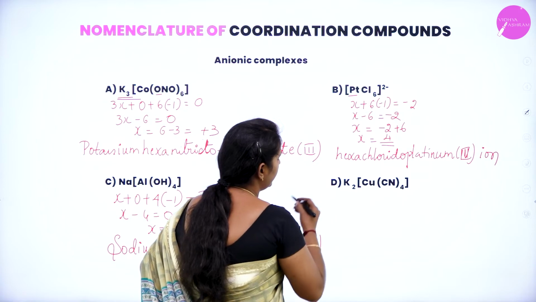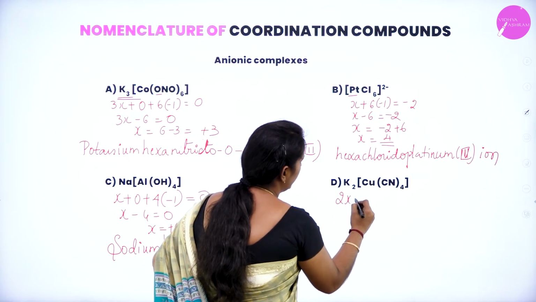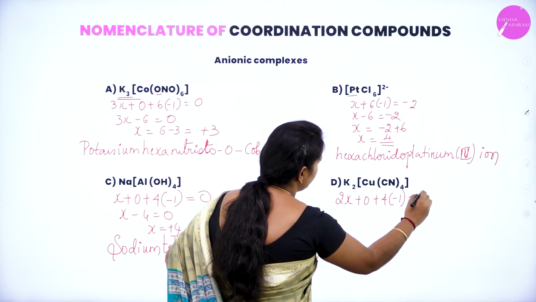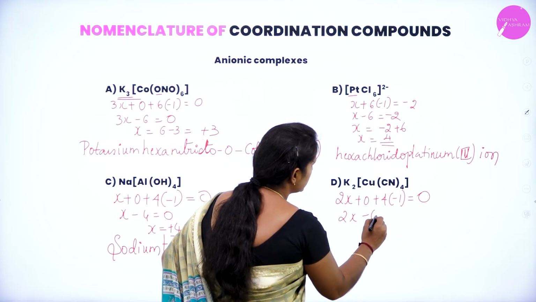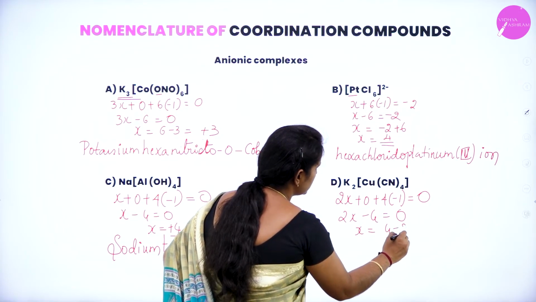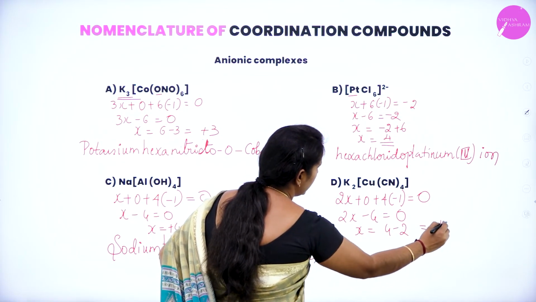Next, we have one more complex. Again, you can calculate the oxidation number. 2 into X plus 0 plus 4 into minus 1, which is equal to 0. 2X minus 4 is equal to 0, and X is equal to 4 by 2, which is equal to plus 2.